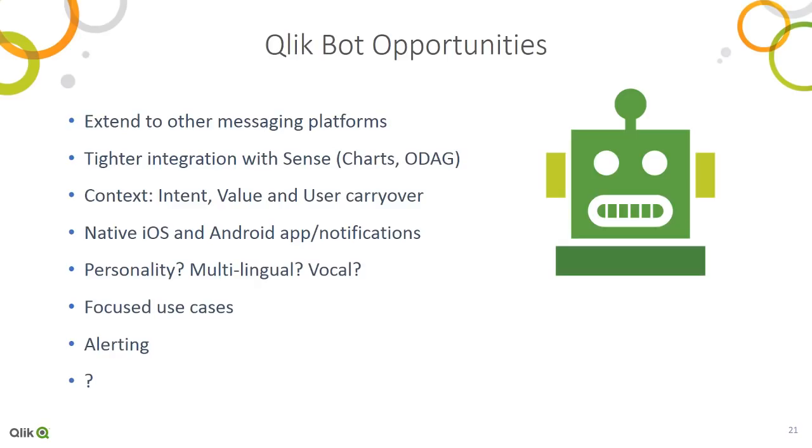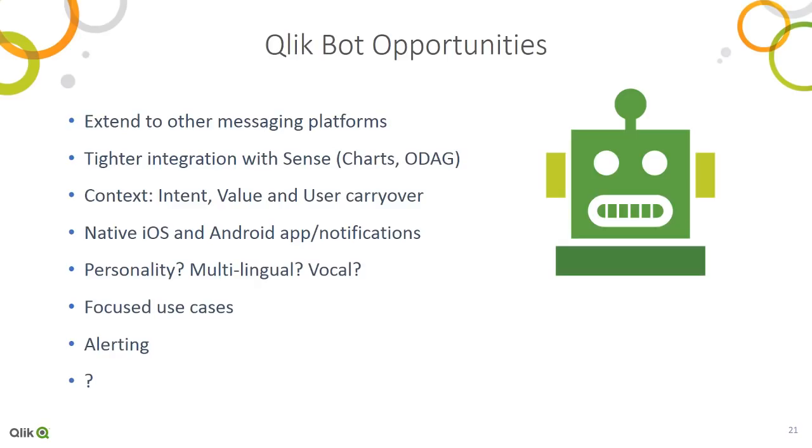And then of course, it'd be great to think about the value of embedding a native application on iOS or Android, providing app notifications directly into the mobile device. Maybe that's of great value to some people.